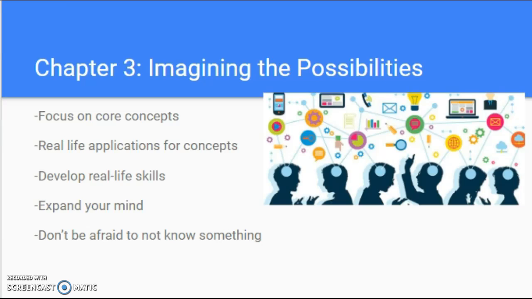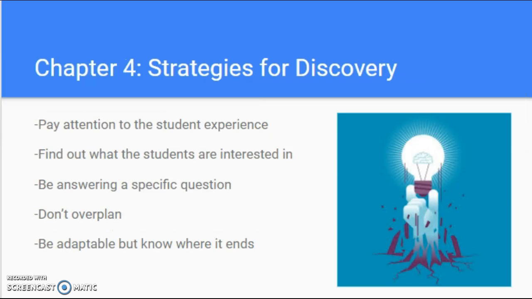All right. Chapter 4, Strategies for Discovery. So this chapter is about developing your actual project itself. And the number one thing that I liked in this chapter is pay attention to the quality of the student experience.